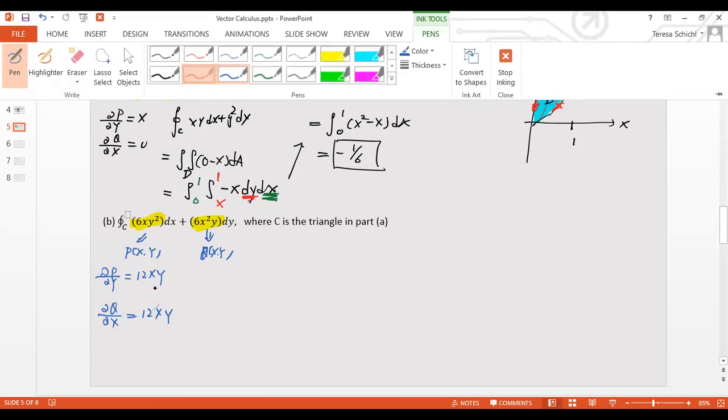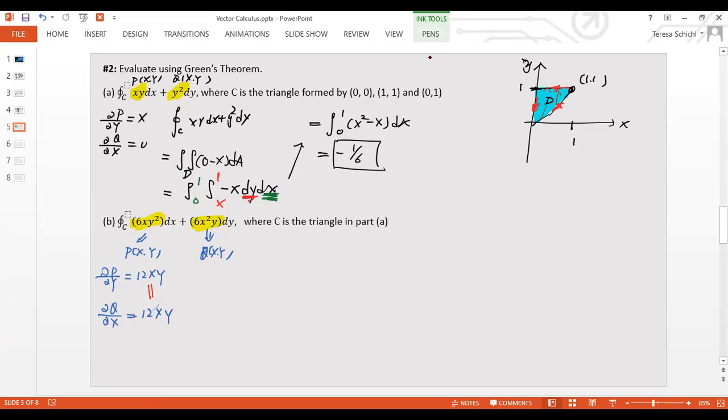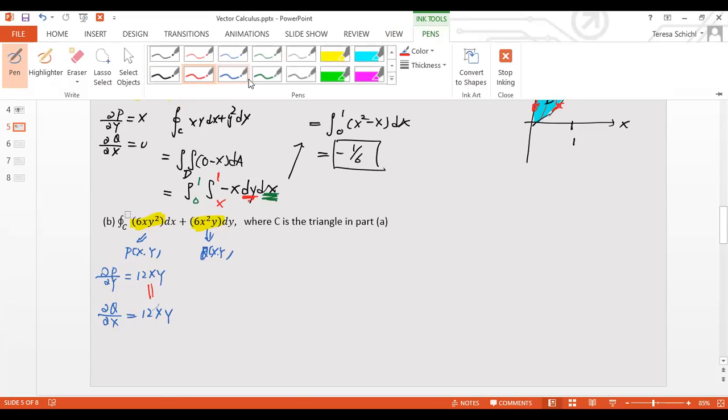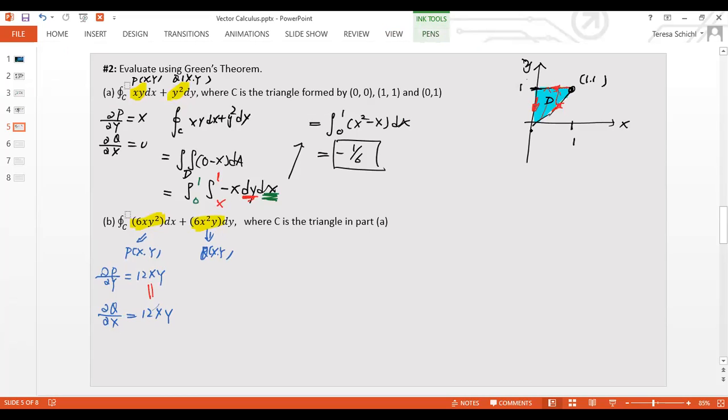So you see they are equal to each other. If they are equal to each other, this is a conservative field. If it's a conservative field and I have a closed path, the integration is equal to 0. Now let's look at Green's theorem.